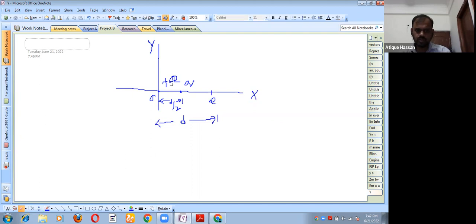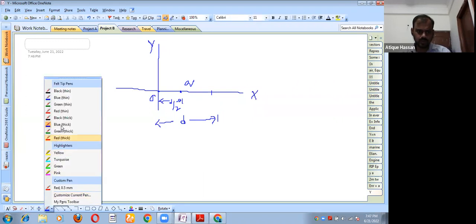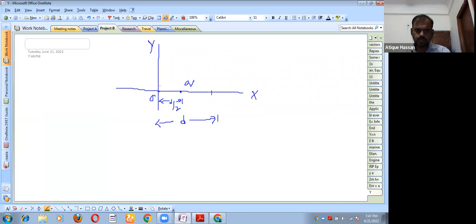So let me write it like this. At the origin there is a charge plus q, here also a charge plus q, and this small q is in between. Have you understood the question?